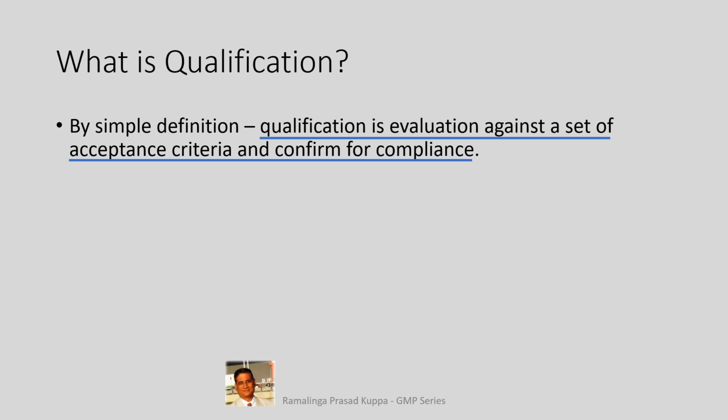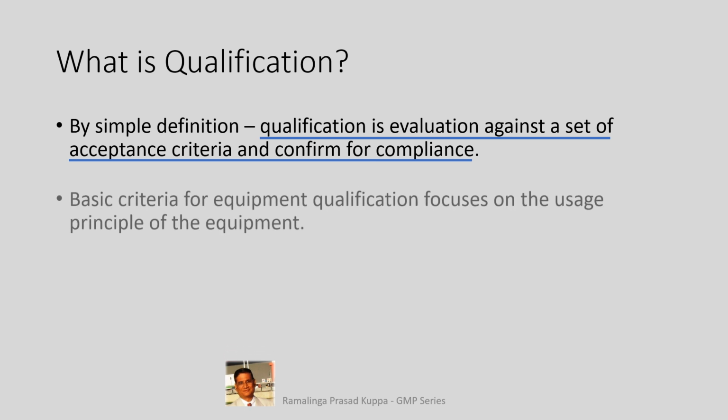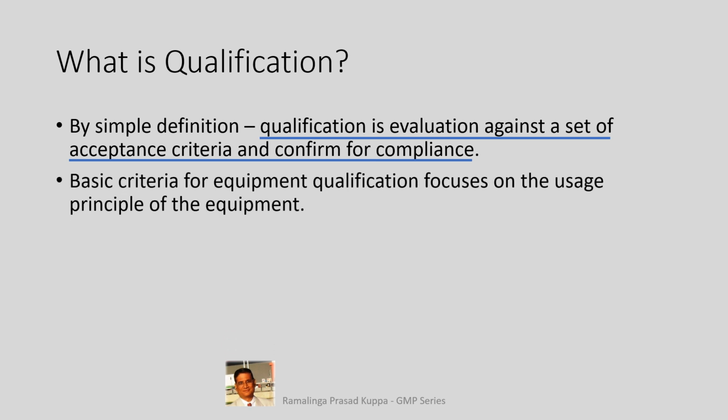The same concept is valid for any requirement also. Basic criteria for equipment qualification focus on the usage principle of the equipment. The qualification starts with usage requirements of equipment. It should pass the design requirements, installation requirements, operation requirements, and performance requirements.